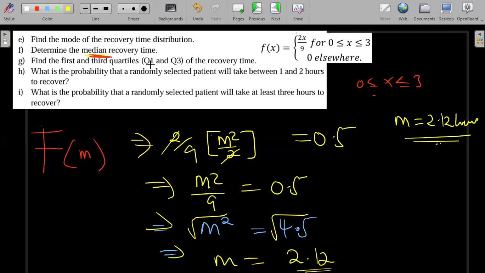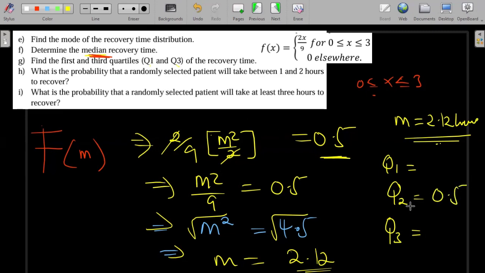And then to find Q1 and Q3, we're just going to be equating this CDF to different numbers. The median is also known as Q2. Then we have Q1, and then we have Q3. When you're finding Q2, we said you equate the CDF to 0.5.